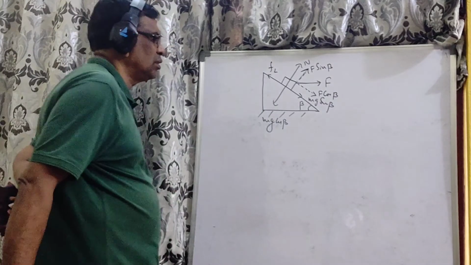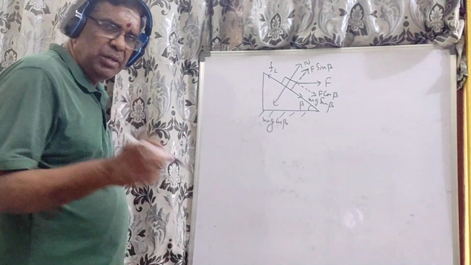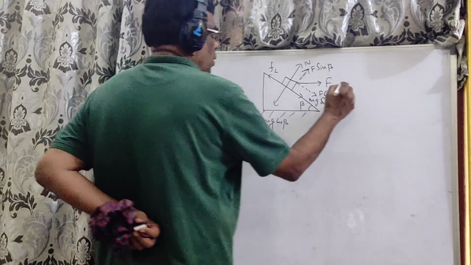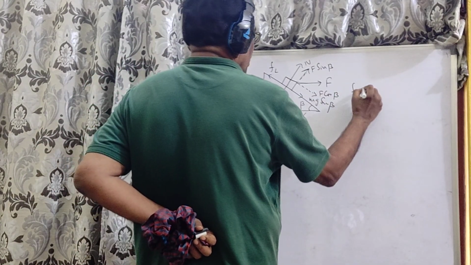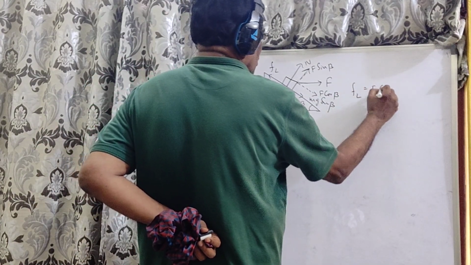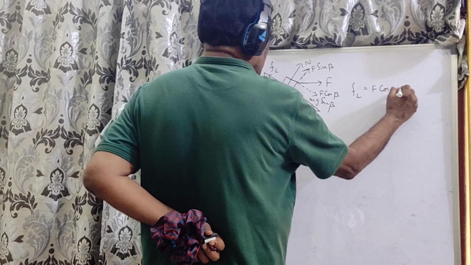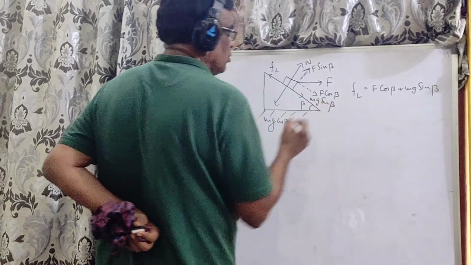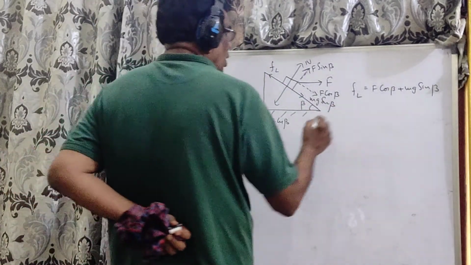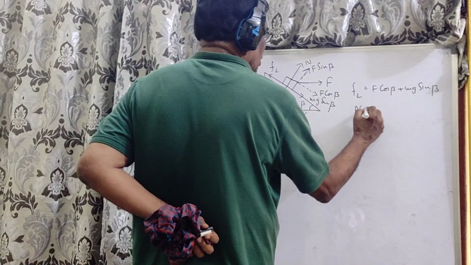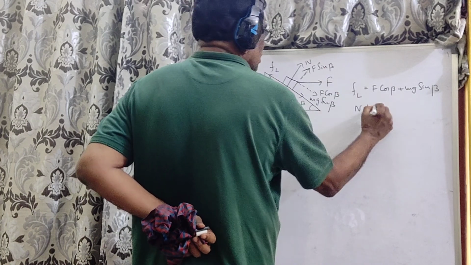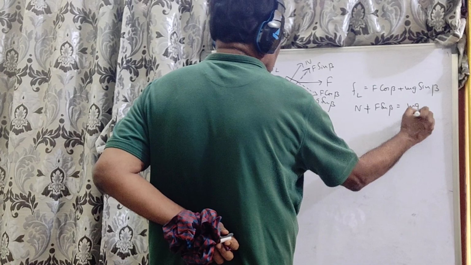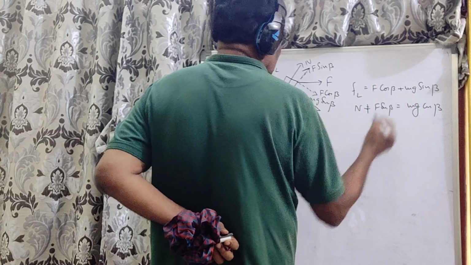This is F sin beta. You said minimum, therefore both these things balance out. So FL is equal to F cos beta plus mg sin beta. N plus F sin beta is equal to mg cos beta.